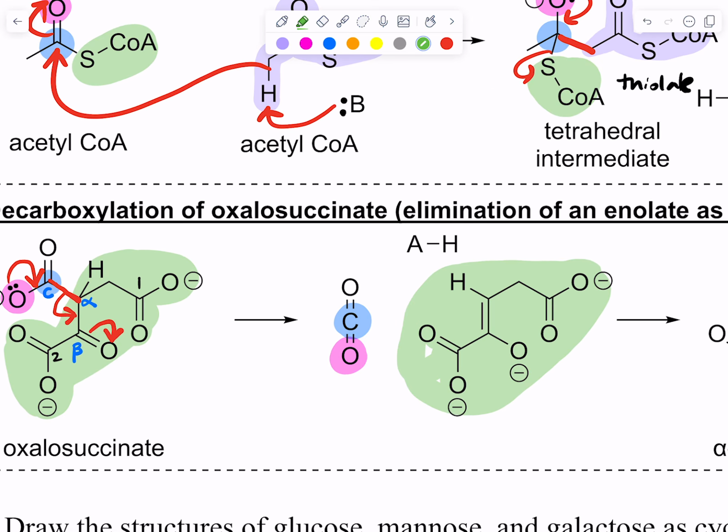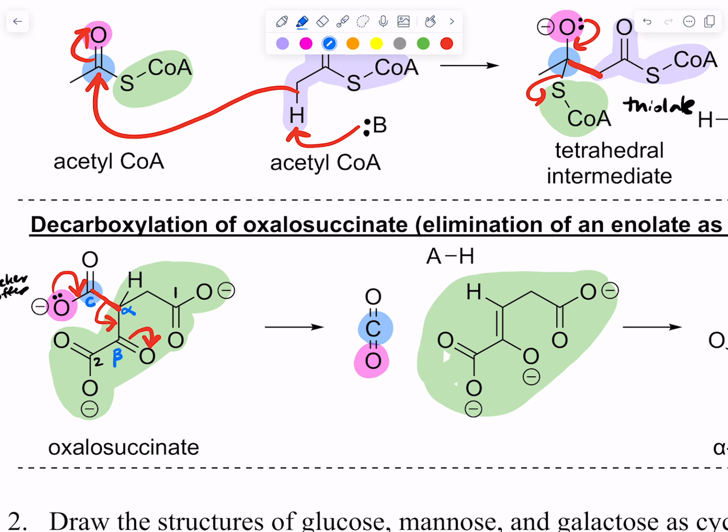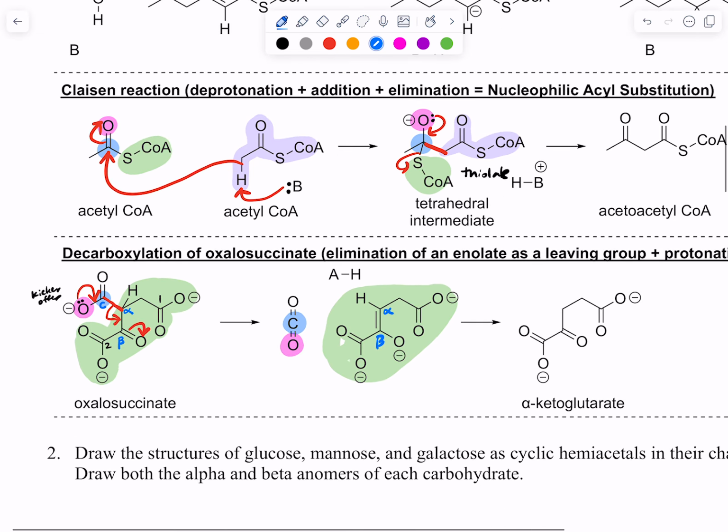Here is what used to be the alpha carbon when the CO2 was present. Here's what used to be the beta carbon. If I look at the product, though, the last step is a proton transfer step where electrons on the carbonyl oxygen kick down and the alpha carbon picks up a proton from some acid so we can get to the neutral product.